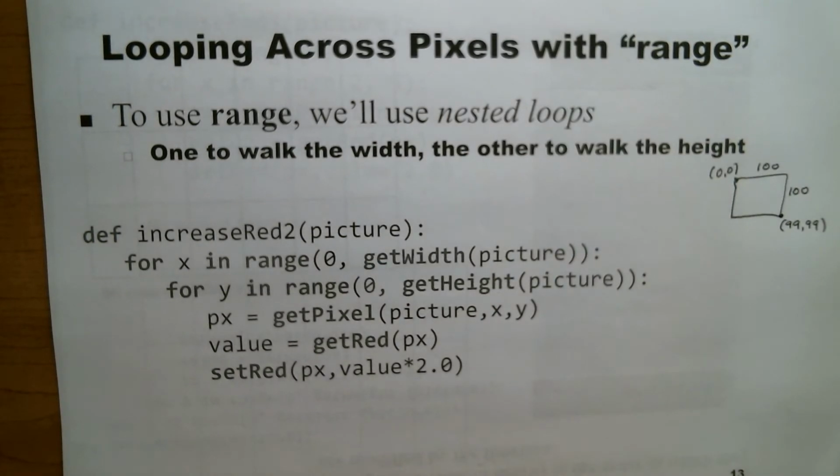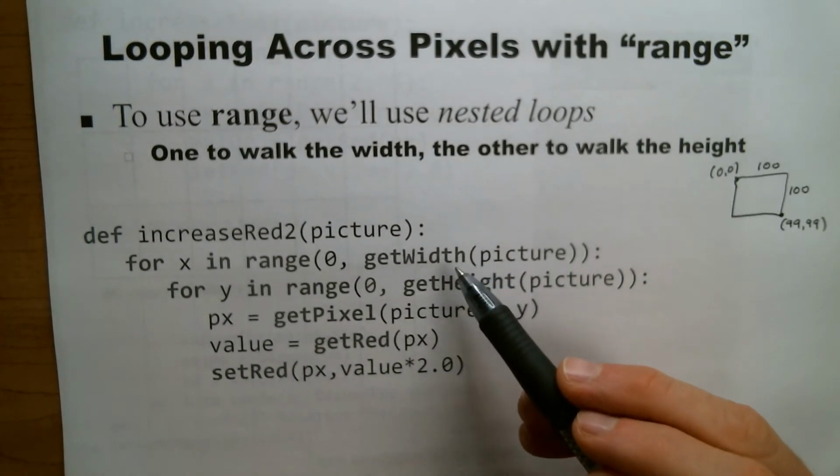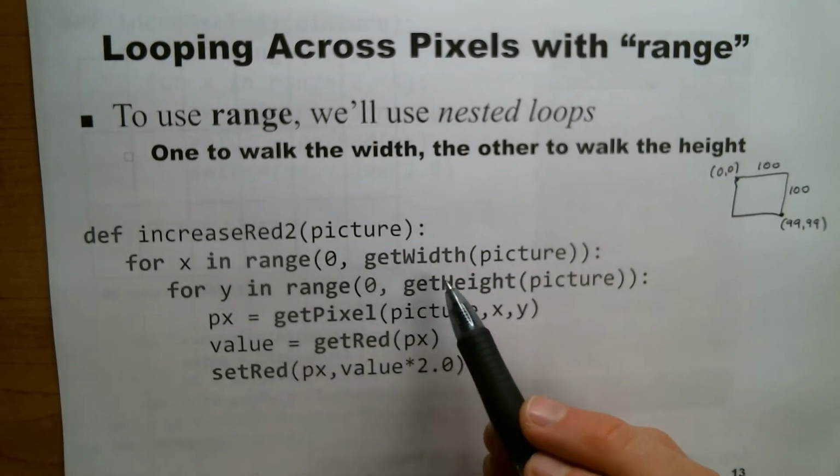Now, on the previous 10 slides, you might have been saying, it's really kind of annoying how range doesn't actually go up to that last number. It stops one short. But actually, most things in computers start with a 0, just like our pixels here. So it turns out this is going to be really helpful, because let's say my picture was 100 by 100.